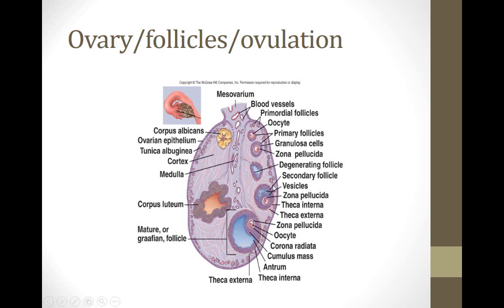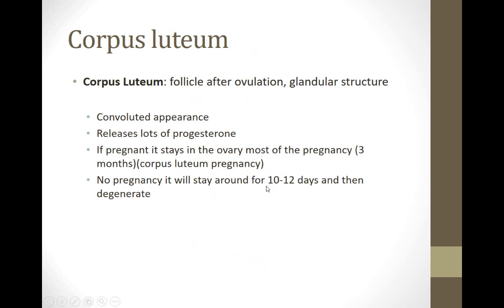So what's important about the corpus luteum? This is happening after ovulation. This is the follicle after ovulation, and it's very convoluted in appearance, very twisted and has a lot of turns in it, if you will. And its job is to release a lot of progesterone. So what's important about progesterone? Pro means for life.